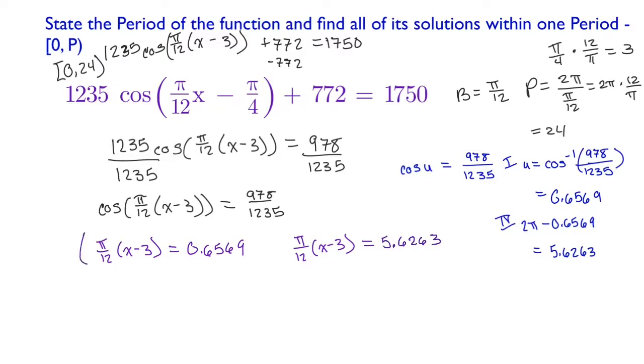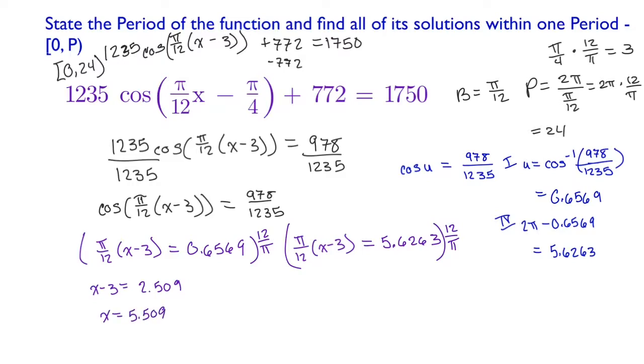So now we're going to multiply both sides by 12 over pi of both equations, because we need to get rid of the pi over 12. I about made the same mistake. And so we get x minus 3 is equal to 2.509, which when we solve for x, we're going to get 5.509.